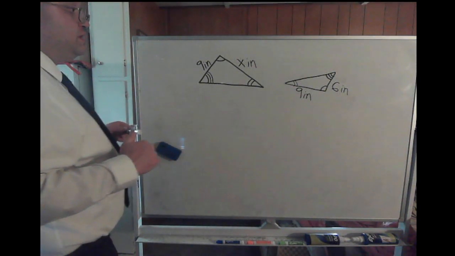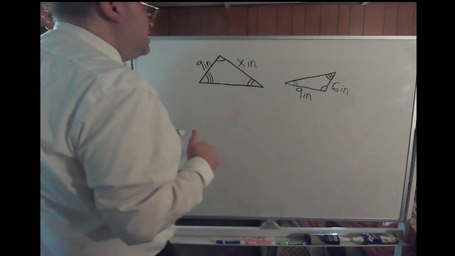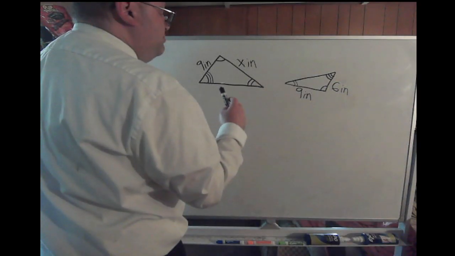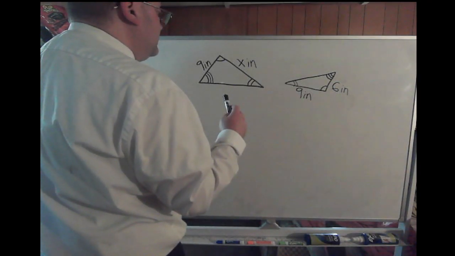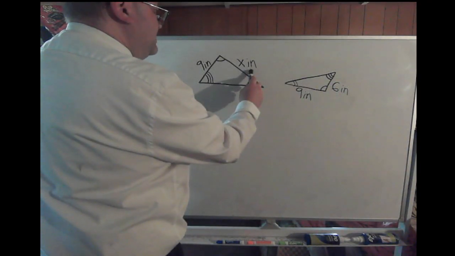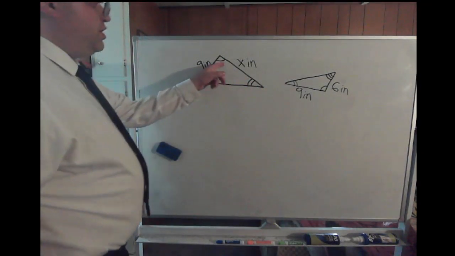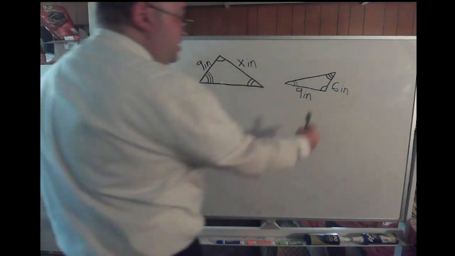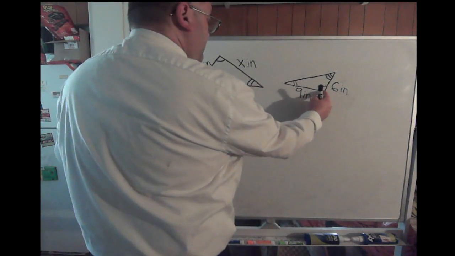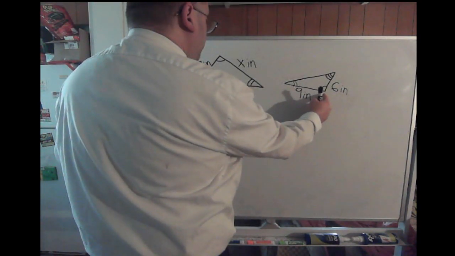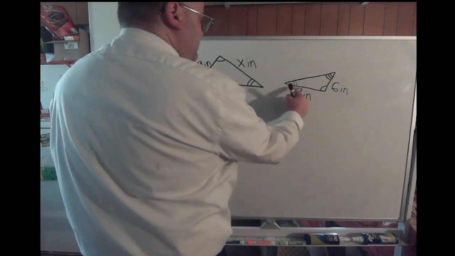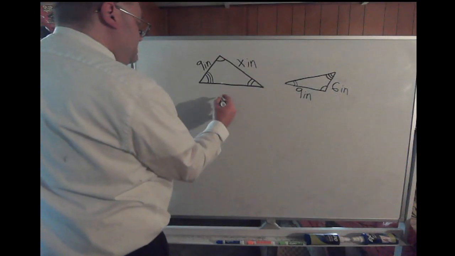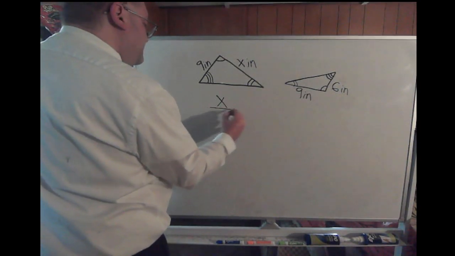Well, it looks to be that the x inches, because you have the 1 arc and the 2 arc for the congruency markers, on the smaller triangle you'll see we have the 1 arc and 2 arc, so that tells you the x inches corresponds to the 9 inches. So x corresponds to 9.